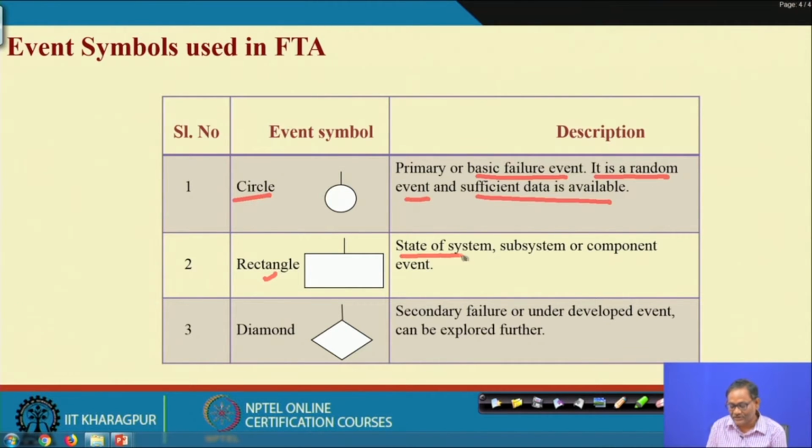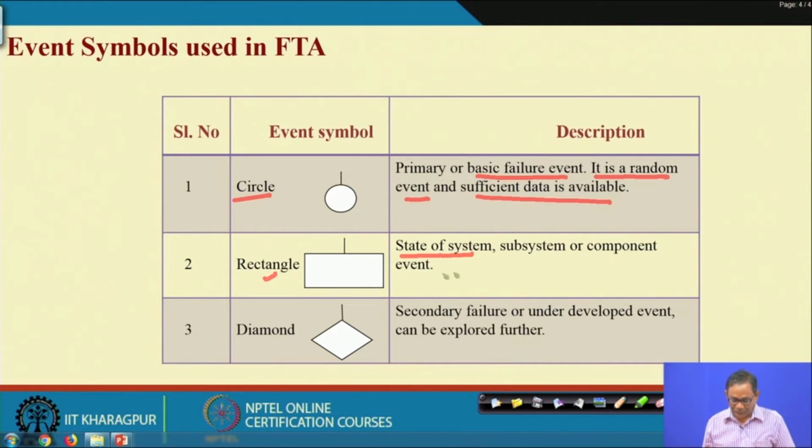Then another symbol we use is the rectangle. It basically talks about the state of the system, subsystem or component event. For example, with reference to the pressure tank system, the state of the system is tank rupture, or the subsystem may be the pumping system, or the storage system like the pressure tank itself. Pump overrun, or a component level event may be the timer failure or the operator failure.